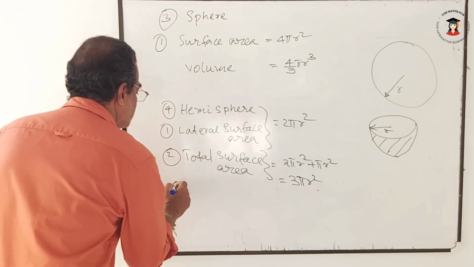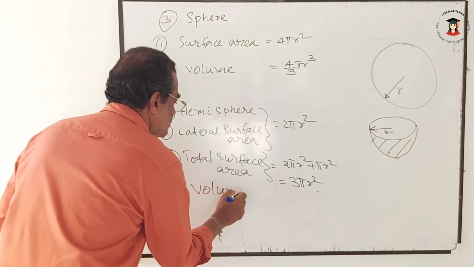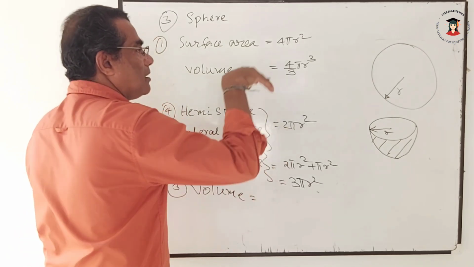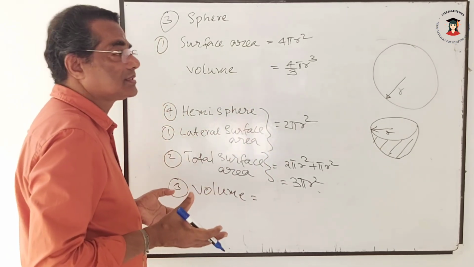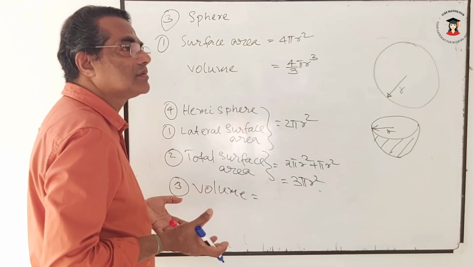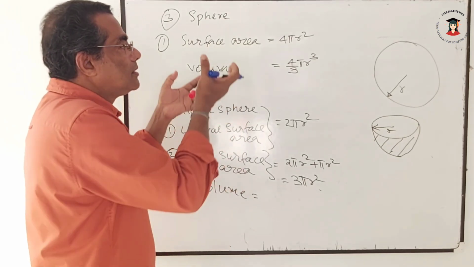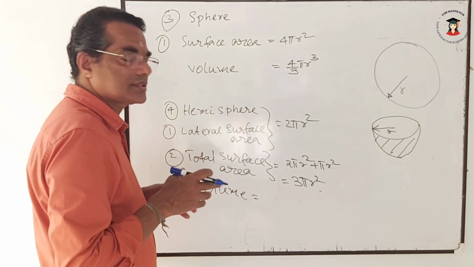Now comes volume. What is volume? Volume means its size. The size of a hemisphere will be exactly half of the sphere if they are of the same radius.